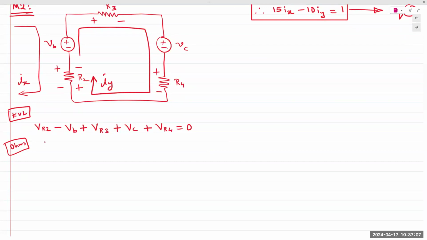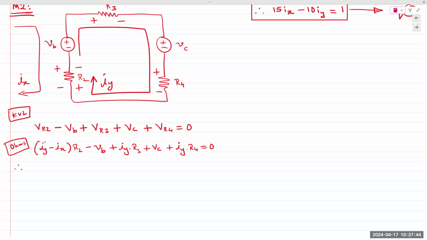So I have IY minus IX times R2 minus VB plus VR3 would be IY times R3 plus VC plus IY times R4. Plug in all the known values and then reduce to the form of AX plus BY equal to C.